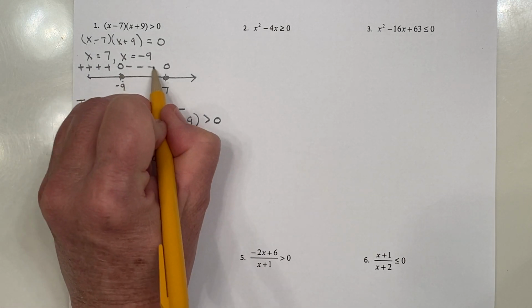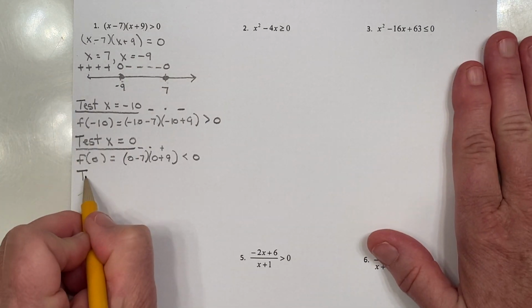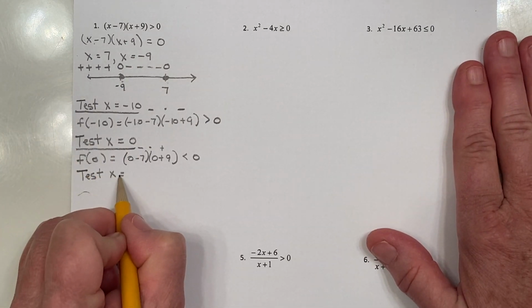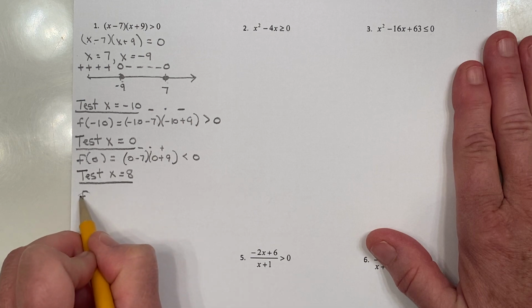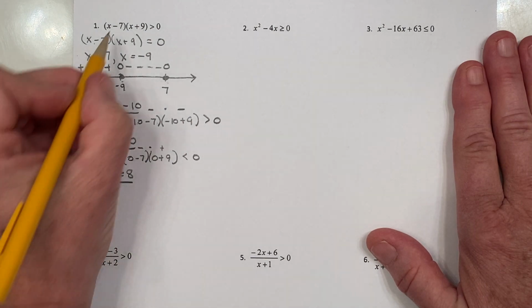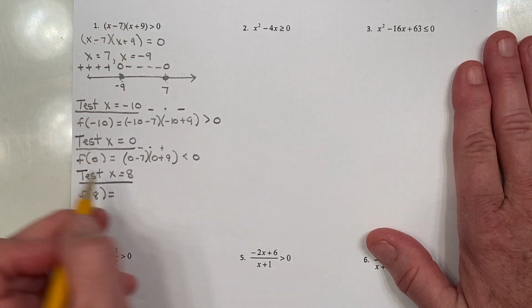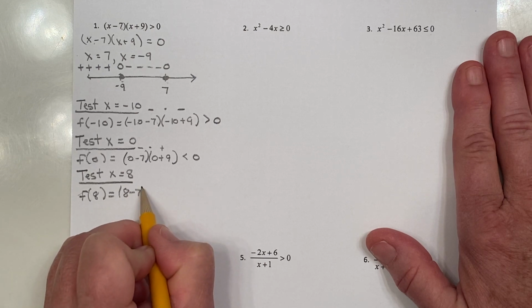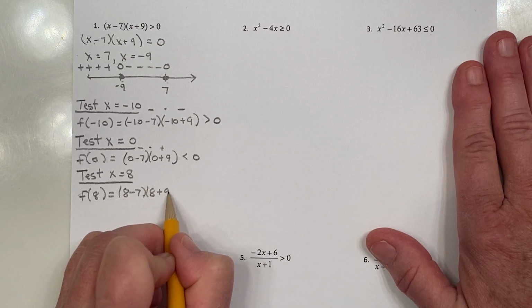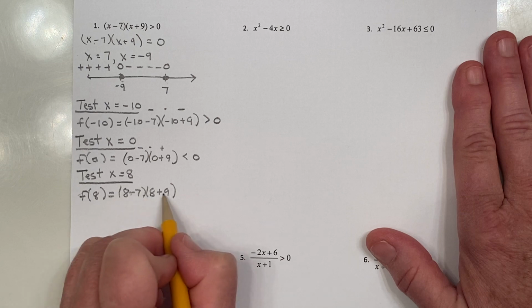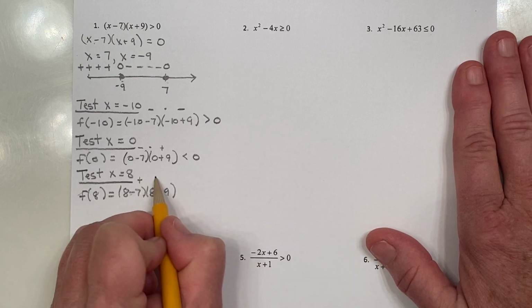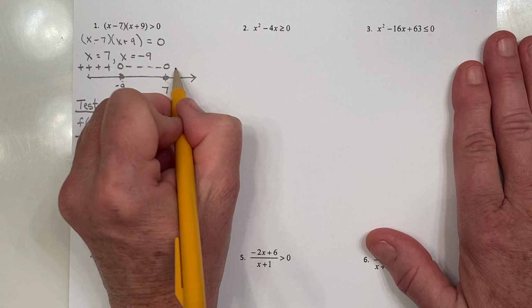So we're going to record negatives here. And then we'll test x equals 8. So 8 minus 7 and 8 plus 9. This will be +1, +17. A positive times a positive is a positive.